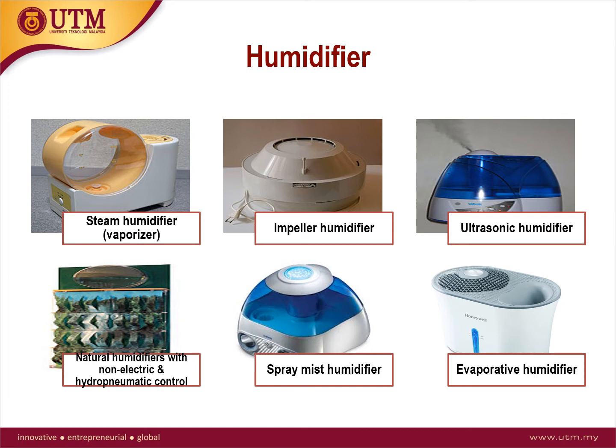Ultrasonic humidifiers use a ceramic diaphragm vibrating at an ultrasonic frequency to create water droplets that silently exit the humidifier in the form of cool fog. The others are natural humidifiers with non-electric and hydropneumatic control, spray mist humidifiers that also use water droplets, and evaporative humidifiers.